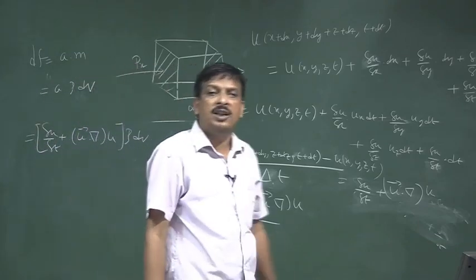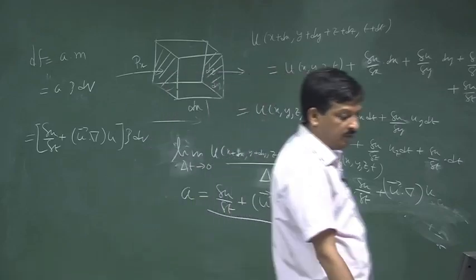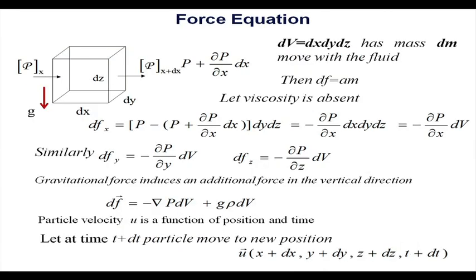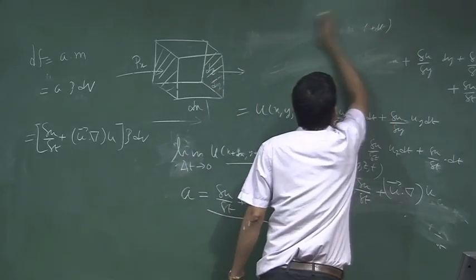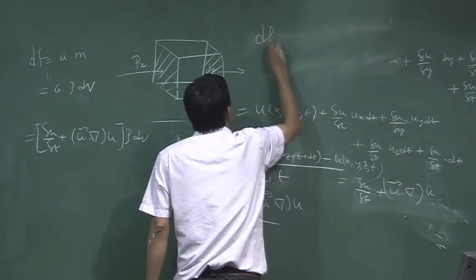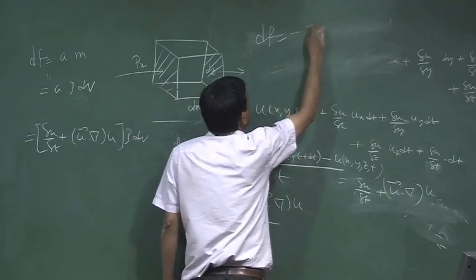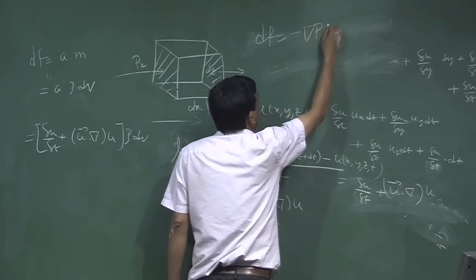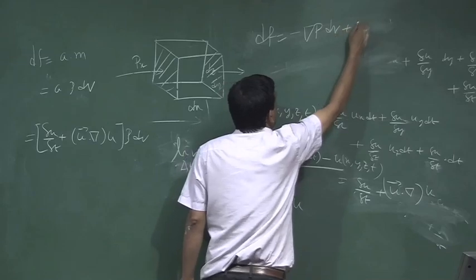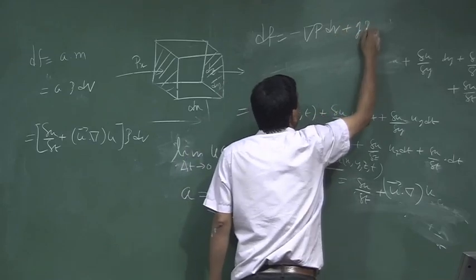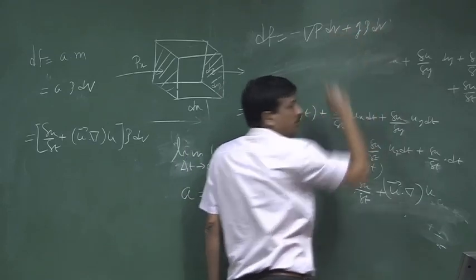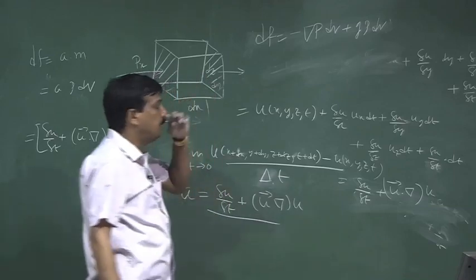And what force expression have we derived? The expression of the total force from that equation, we derived that dF is nothing but minus divergent of total pressure into dV plus gravitational acceleration into density into volume dV.